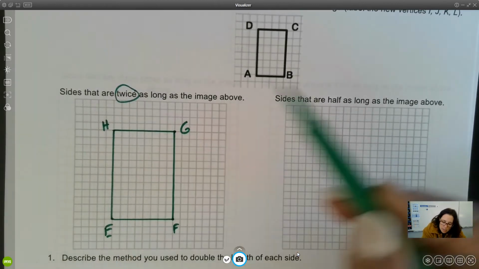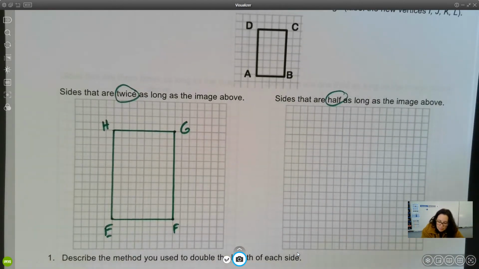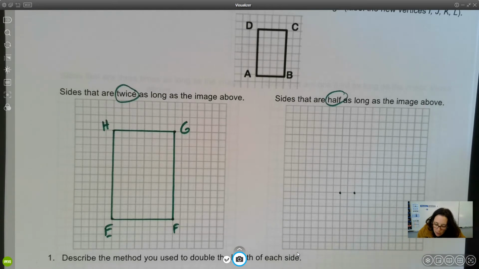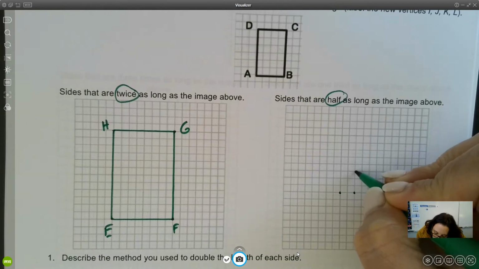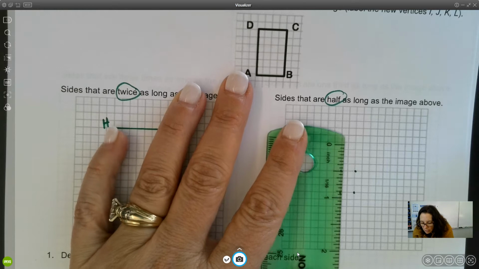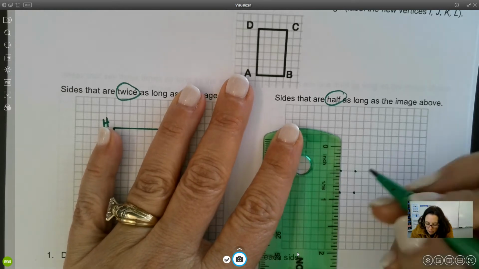So this one was twice, this one we're doing half. So if this was 4, we're literally doing 2. And then if this is 6, we're literally doing 3. 1, 2, 3. Okay, so let me get a straight edge here just so it's neat looking.